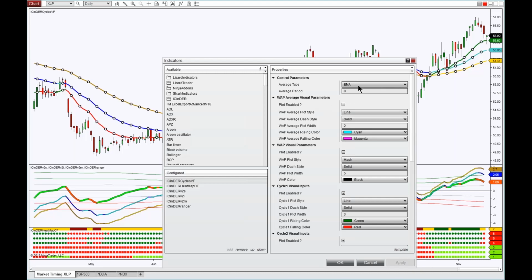That's the only purpose for that. And also, if you do that, all the other calculations that have any type of moving average piece to it will also be calculated through an EMA algorithm that I created.